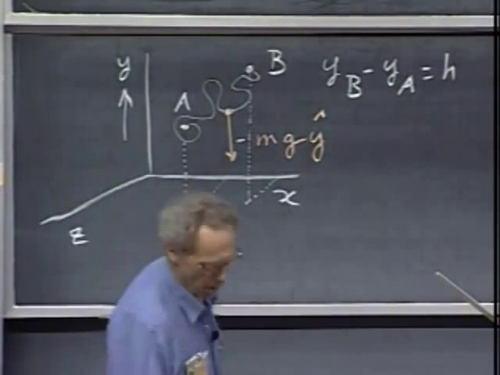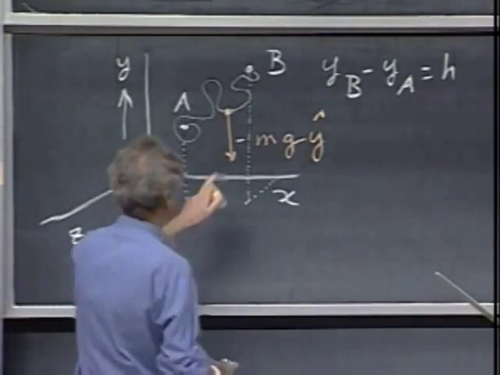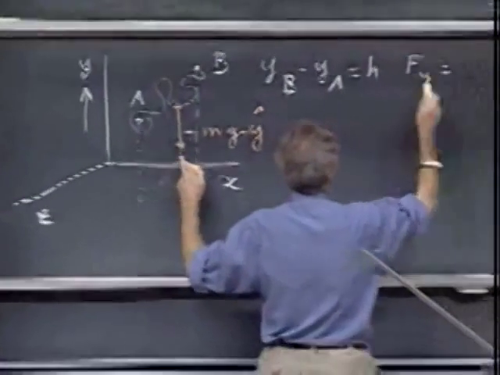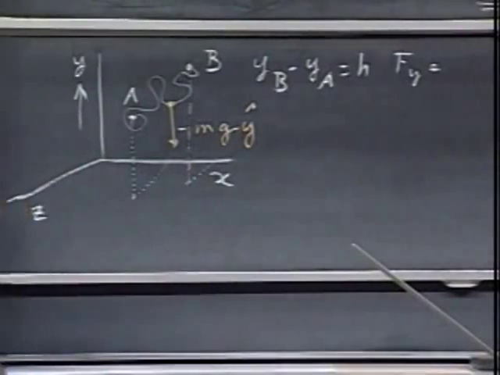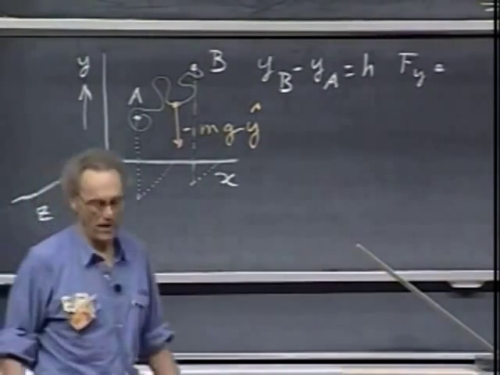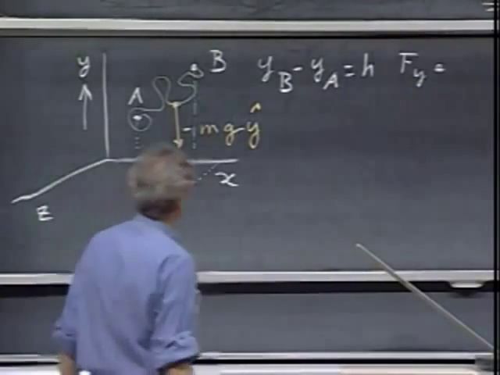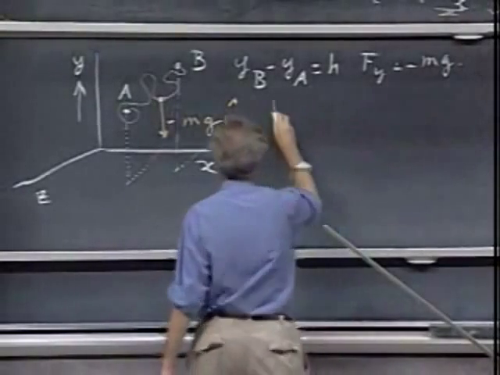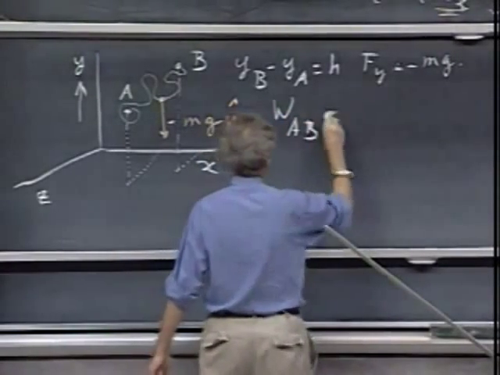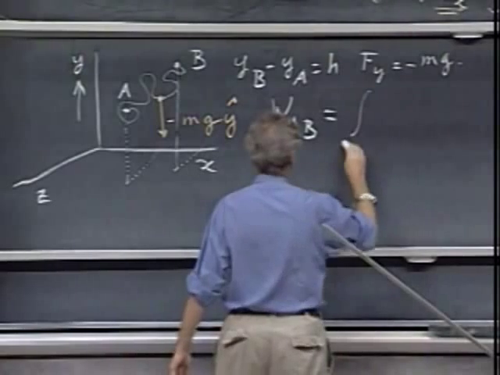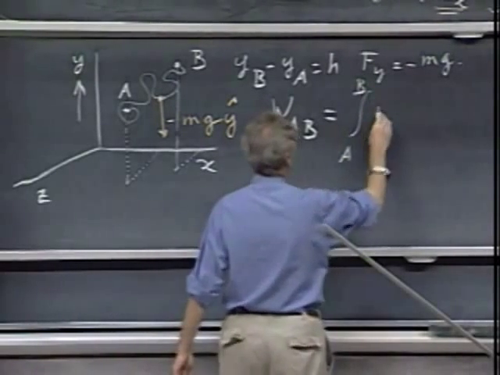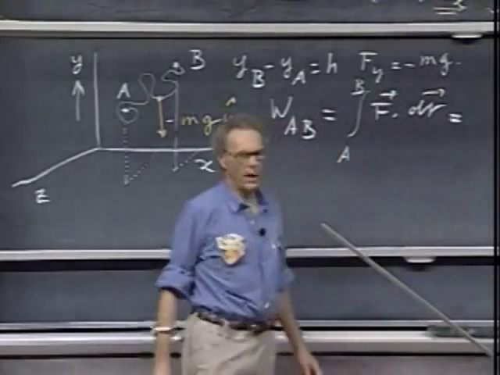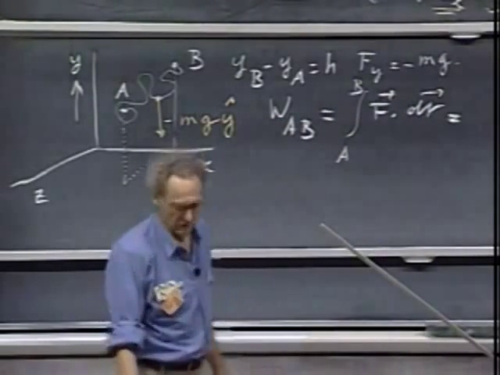So now I notice that there is only a value for f of y, but there is no value for f of x, and there is no value for f of z. They are 0. And so f of y equals minus mg. And so if I calculate now the work in going from a to b, which is the integral in going from a to b of f dot dr, then the only term that I have is the one that deals with the y direction.